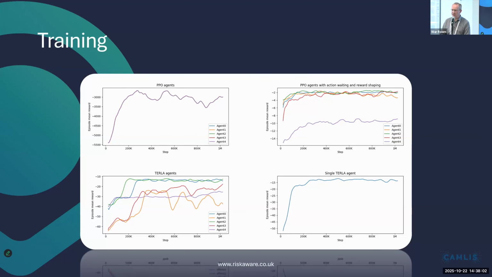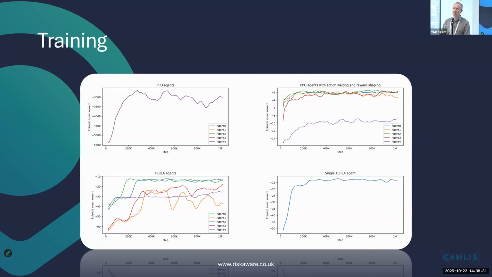So in the top left, you can see that we trained a set of vanilla PPO agents using the original standard Cage Challenge 4 shared rewards. That's why you can only see one line on this graph, because all of the agents received the same reward, so all the lines are on top of each other, and you can see it converging on a defensive policy as training progresses. We also trained a set of PPO agents with action weighting and reward shaping. That's in the top right.